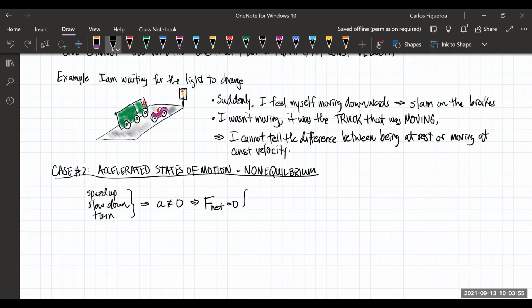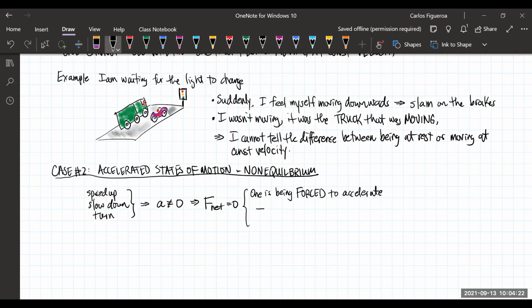So what we say here is something like this: one is being forced to accelerate. A net force not equal to 0 means that one is being forced to accelerate.